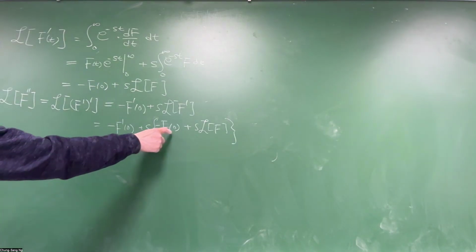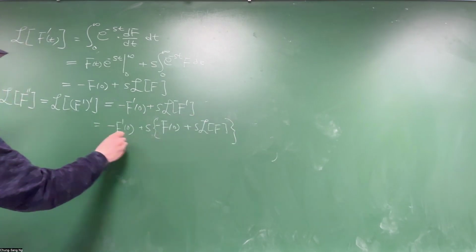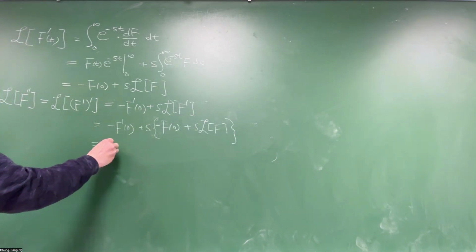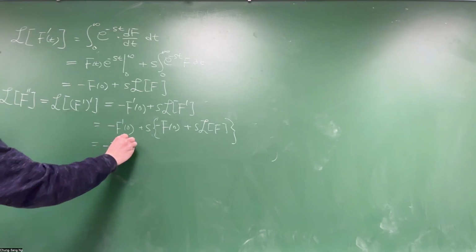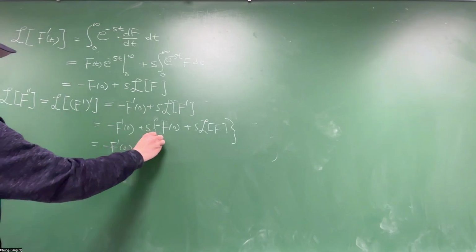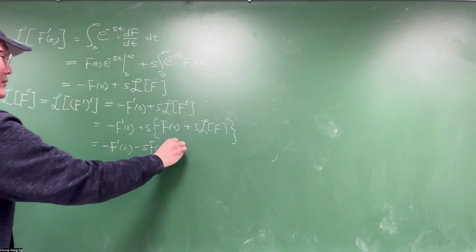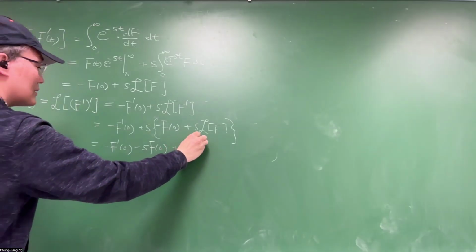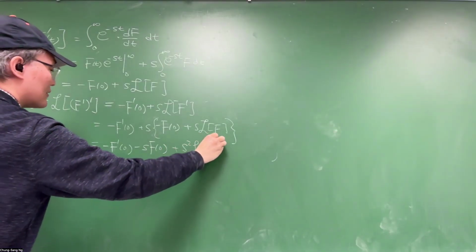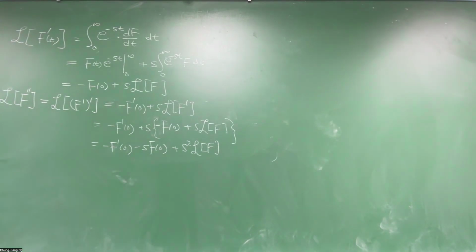So you want to write it back to get rid of this curly bracket and write it back: minus f prime(0) minus s f(0) plus s squared times the Laplace transform of f. Okay, and obviously you can keep doing it and get any number of derivatives of f.